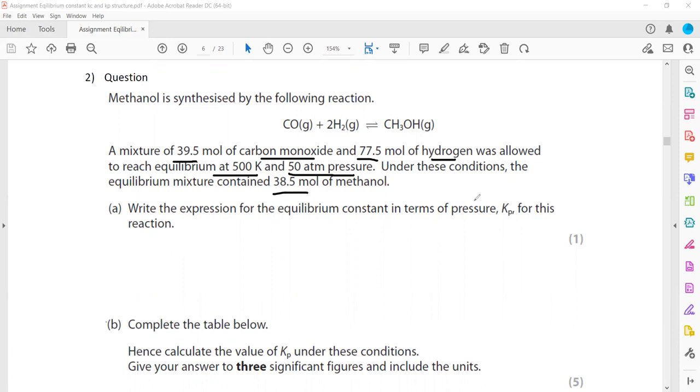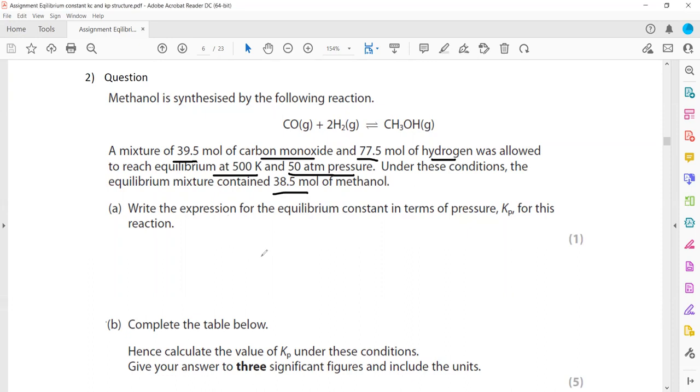Write the expression for Kp. As it's a homogeneous equilibrium, as all are in the same state, we write the equation for Kp, that is the product. But because it's a Kp, it should be in terms of pressure, like the pressure of the product divided by the pressure of the reactant.